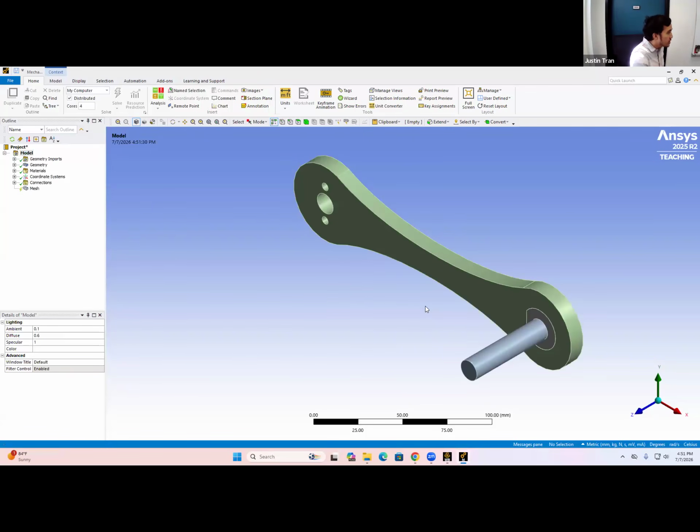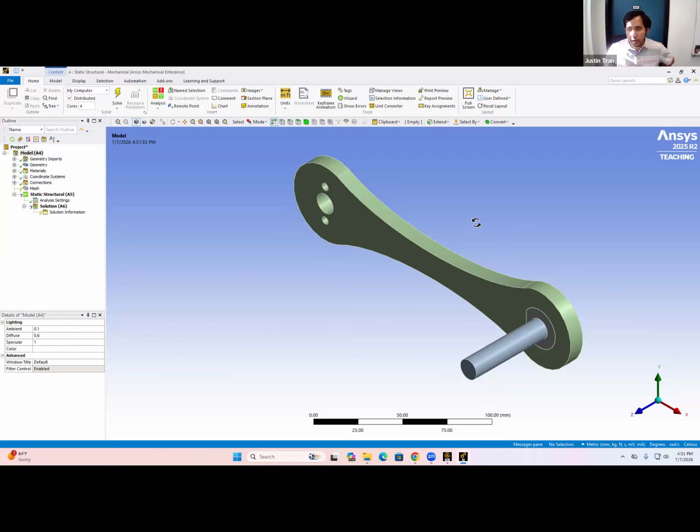Okay. So in the previous activity, we had to open up Design Modeler in order to draw our geometry, but since this time we're importing it, we can just jump straight into Mechanical and do our mesh and boundary conditions from there.